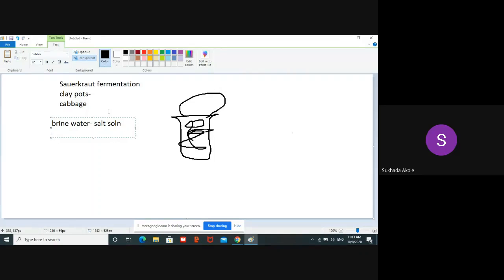So cabbage plus salt solution, cover it with the cloth, put a heavy rock or heavy lid onto the cloth such that because of its pressure, the cabbage leaves get submerged in the brine solution. If any mold happens to get on the top of the brine, it wouldn't reach past the rocks and cloth, and the cabbage would remain safe for consumption.